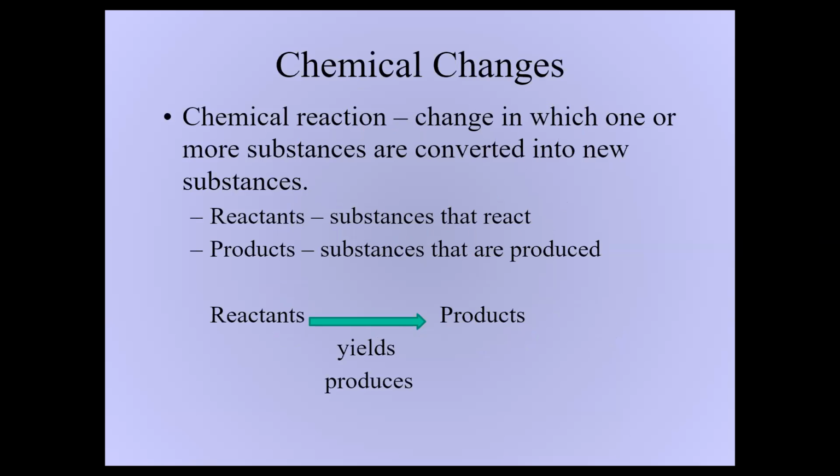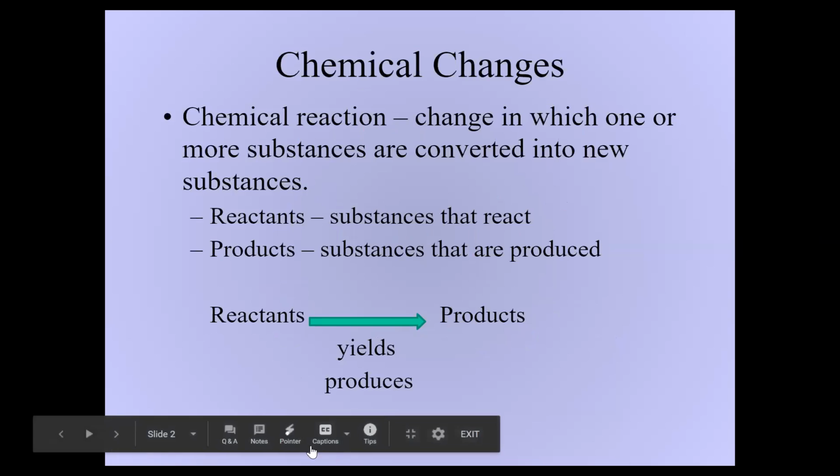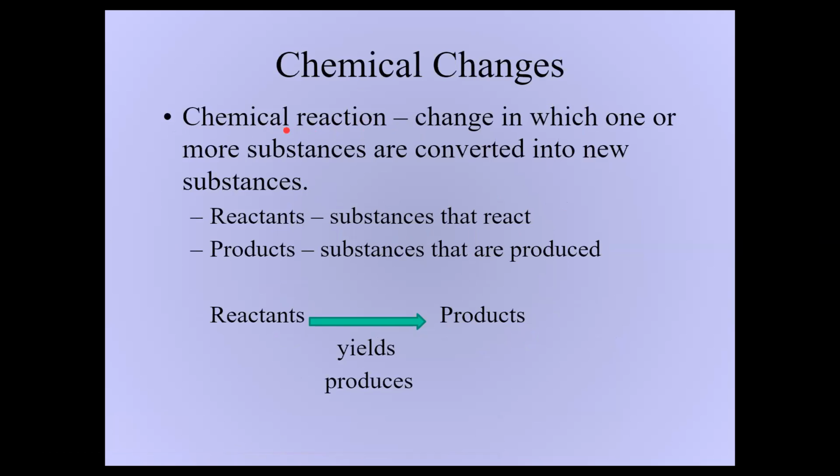So just a little bit of a review. At the end of last week, last Wednesday, we were talking about our chemical reactions and how these are changes with our substances where we take one set of substances and convert it into something new.